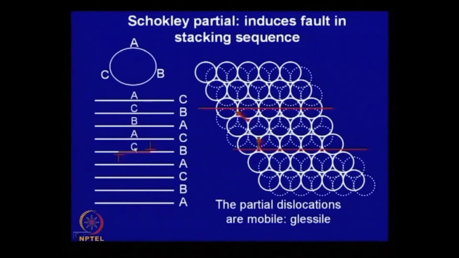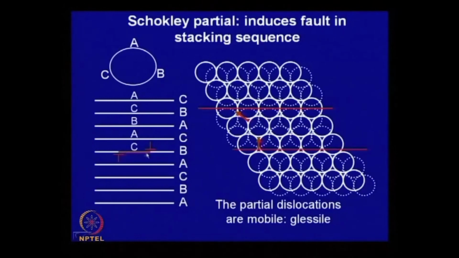C A C A, which is something like a part repeating like a hexagonal stacking. So, this fault in that stacking sequence is called a stacking fault, and that means we can consider this fault to be a two-dimensional defect.